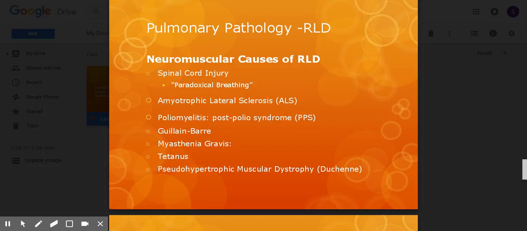Myasthenia gravis is a chronic neuromuscular disease with progressive muscle weakness on exertion, and roughly 10% of these patients will develop effects that affect their respiratory muscles. Tetanus, why is it every time you step on a rusty nail or cut yourself, they're always giving you a tetanus shot?